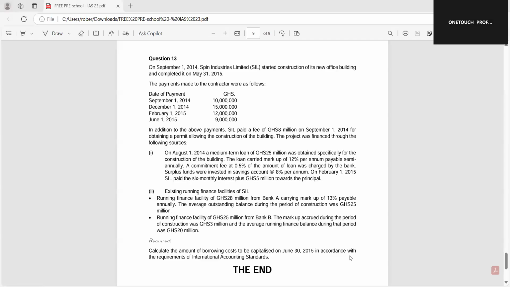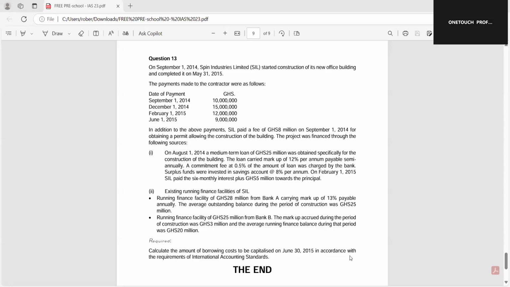February 1, 2015, 12 million. And June 1, 2015, 9 million. In addition to the above payments, SIL paid a fee of 8 million on September 1, 2014 for obtaining a permit allowing the construction of the building. The project was financed through the following sources.